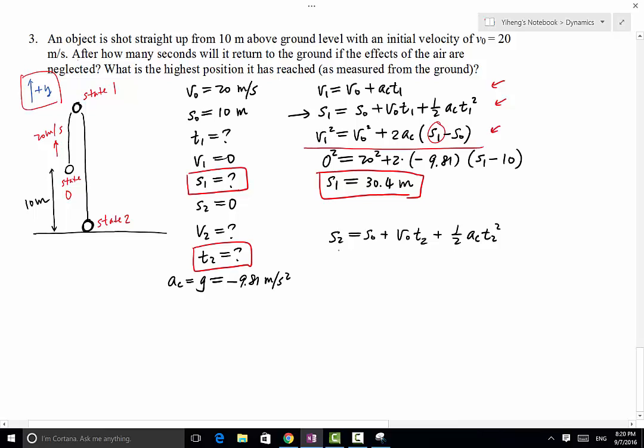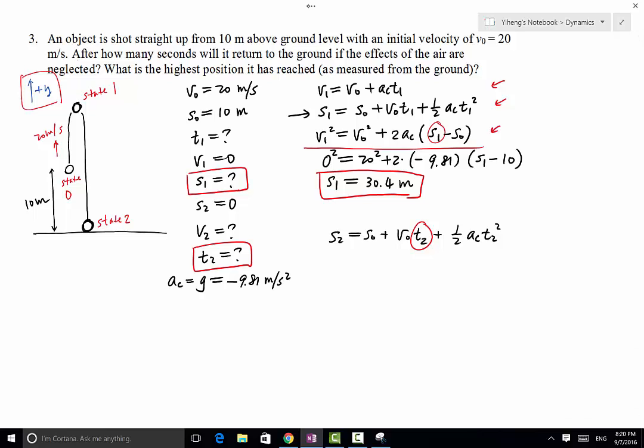Why did I choose this one? Because I need to find out t2. t2 is my unknown. In this equation, t2 is an unknown, but I know all the other parameters. I know S2, S0, v0, and a_c. So I choose this equation for that reason.